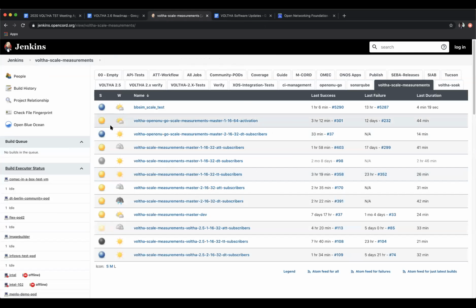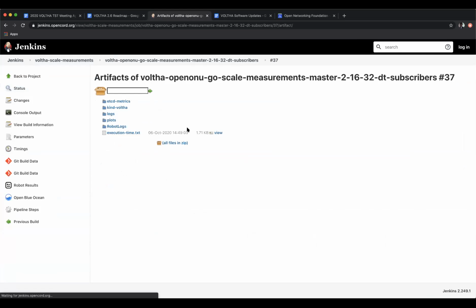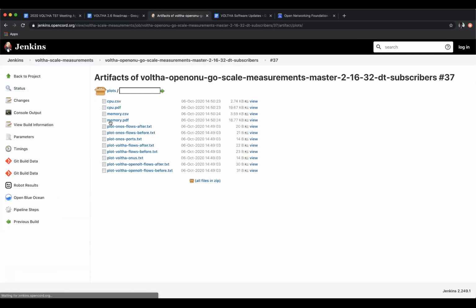Theo, is that something we collect in this job, or is it something that we have to add? We are collecting some information about CPU and memory usage, if you go in the logs. I'm not entirely sure it's currently working, but I can dig it up. There is a PDF and a CSV.